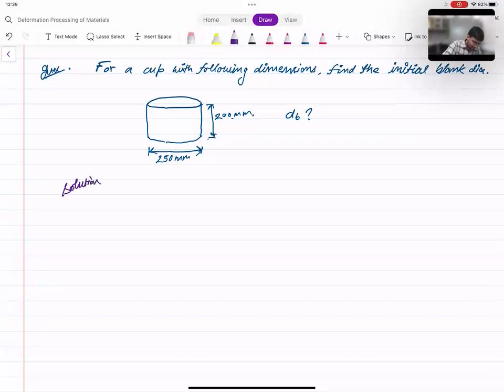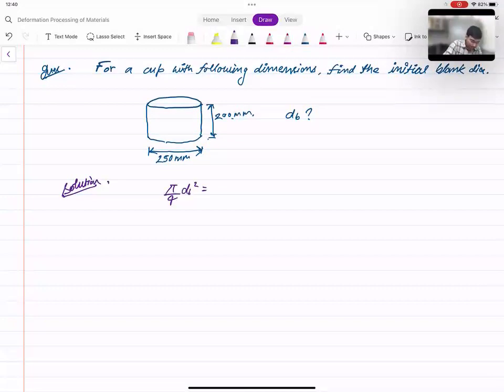So if dB is the initial blank diameter, then if we equate the areas, pi by 4 dB square will be nothing but the area of the curved section of this cup plus the area of bottom surface, which is circular cross section.